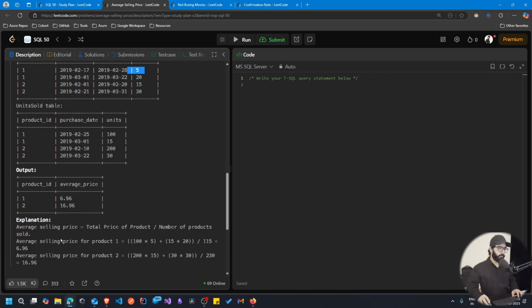Okay, so average selling price of product 1 is 100 into 5 plus 15 into 20, and divide by number of products sold, 115, and cool. And for the second one, into 50, 30 into 30, and divide by 230.